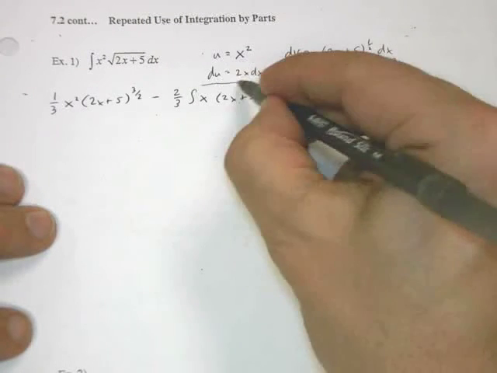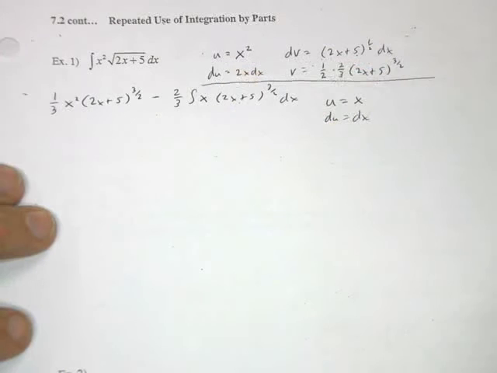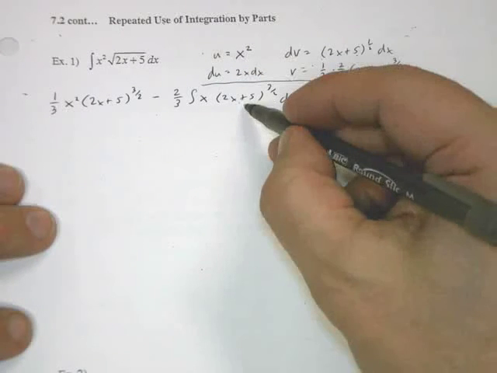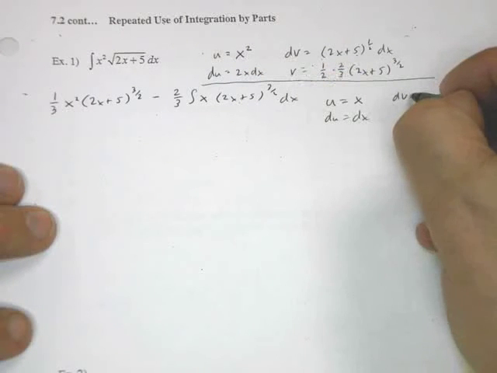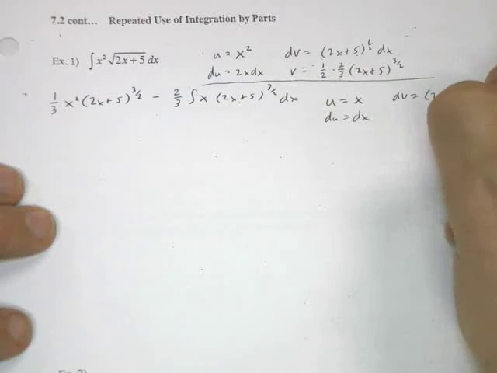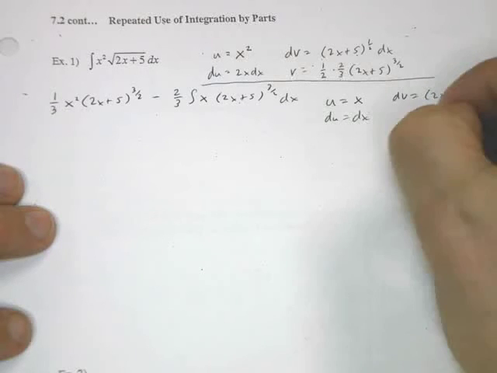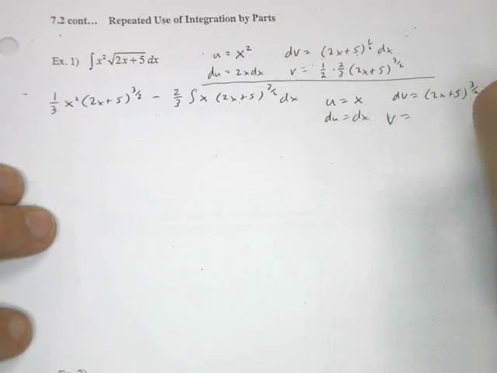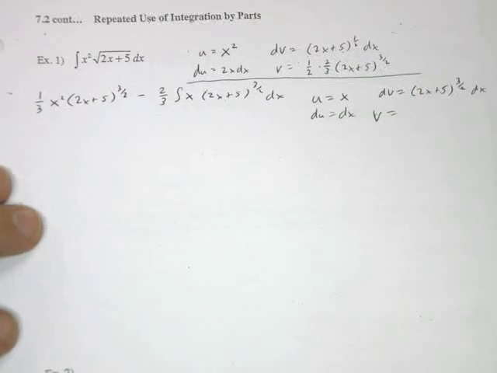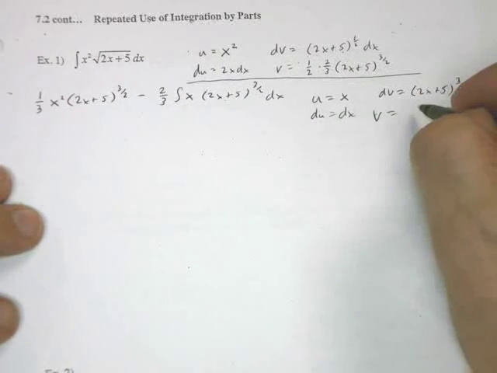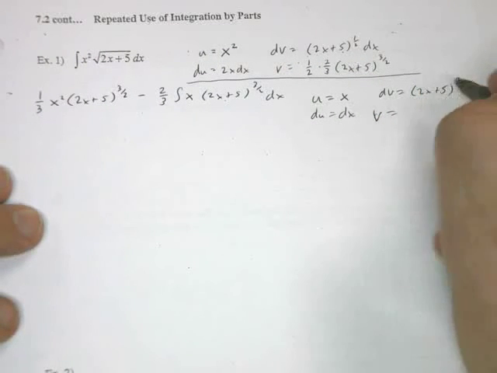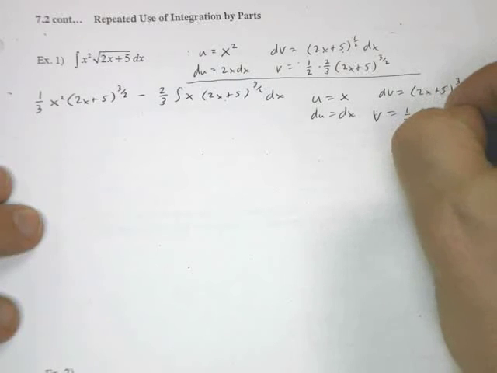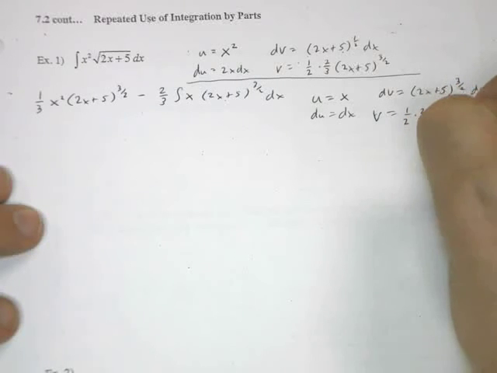So again, this is a whole separate integration by parts here that I'm doing on this integral. dv is going to be (2x plus 5) to the 3/2 dx. And then we're going to integrate that, which again I'm going to need a 1/2 because I don't have a 2 dx. Now I'm going to times by 2/5 and raise the power on 2x plus 5 to the 5/2 power.